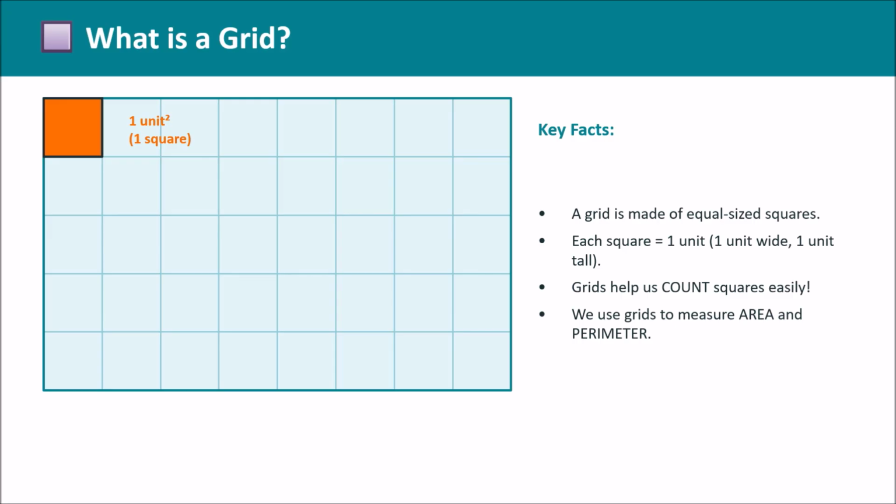Every square on this grid is the same shape, and that's what makes the grid so helpful for us. They let us count spaces and measure shapes really easily. We are going to use the grid throughout this whole lesson, so keep your eyes on those squares.